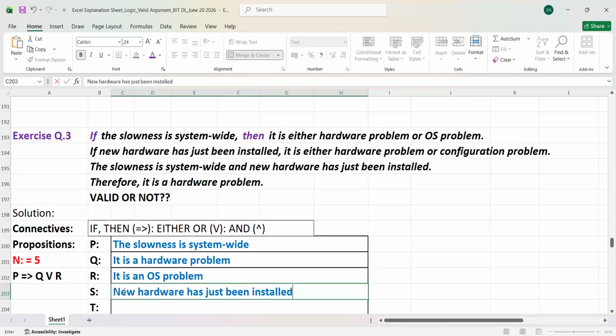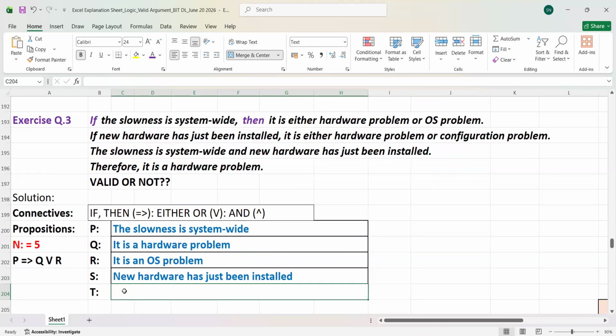Then after the comma, you again must remove it is either, and the hardware problem we have identified, but after the or, you will get one more proposition. It is a configuration problem.